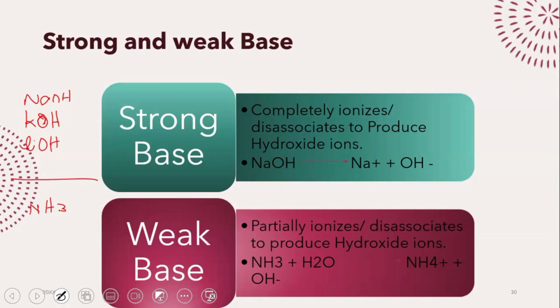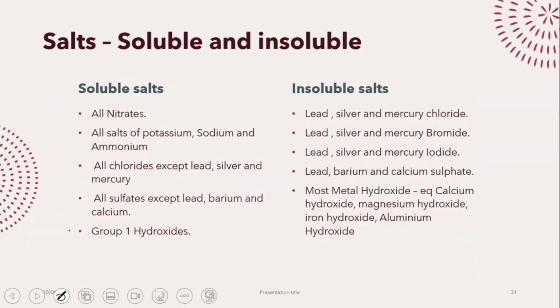Other than that, water is also considered to be a weak base. Then obviously we have other metal hydroxides, for example, iron hydroxide, and a lot of others, which are all considered to be weak bases.